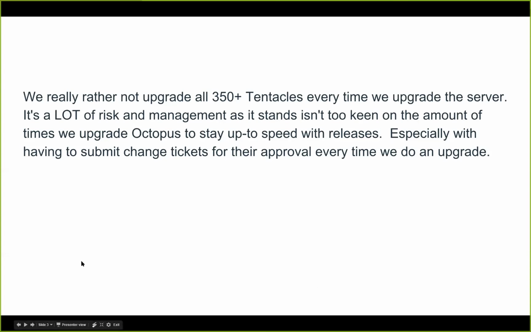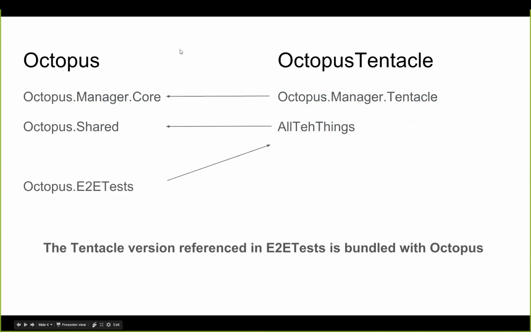So in version 3.14, Tentacle is now split. You can release it separately from Octopus. And the way it's currently set out, Manager.Core and Shared are published as NuGet packages and consumed by Tentacle, which is then published as a NuGet package and consumed by Octopus, which publishes Manager.Core and Shared, which is consumed by Tentacle, which publishes itself and is consumed by Octopus.